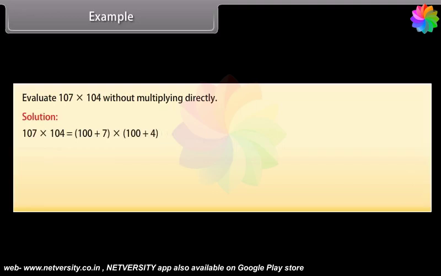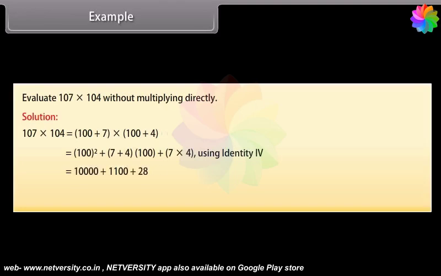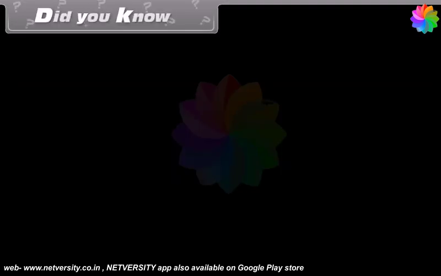Solution. 107 into 104 is equal to (100 plus 7) into (100 plus 4), which equals 100 square plus (7 plus 4) into 100 plus 7 into 4 using identity 4, which equals 10,000 plus 1,100 plus 28, which is equal to 11,128.